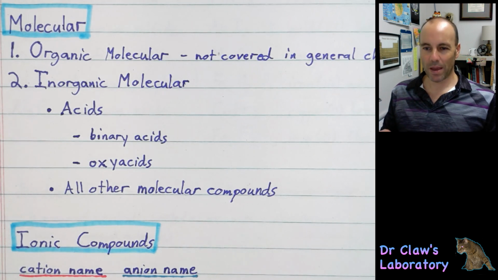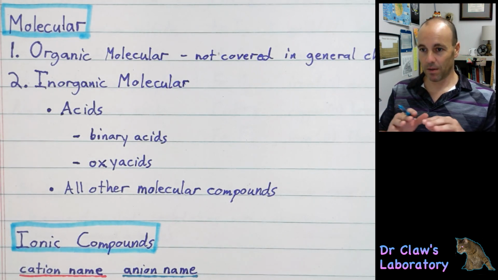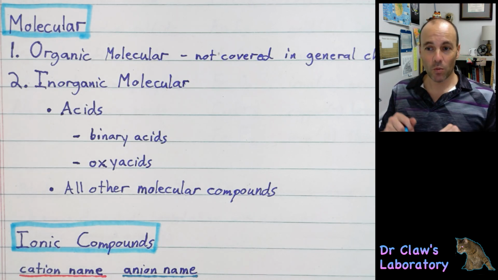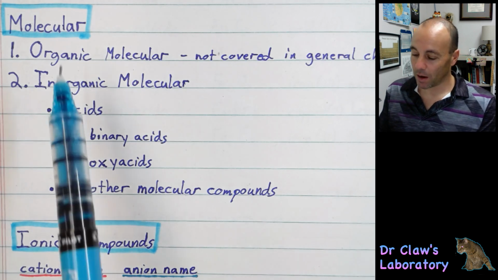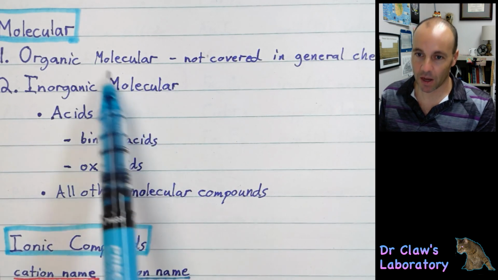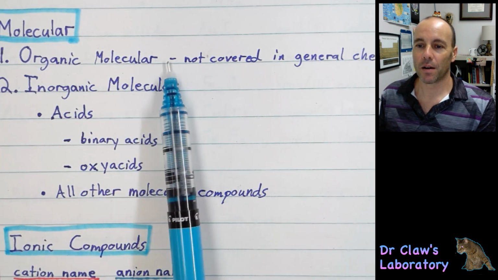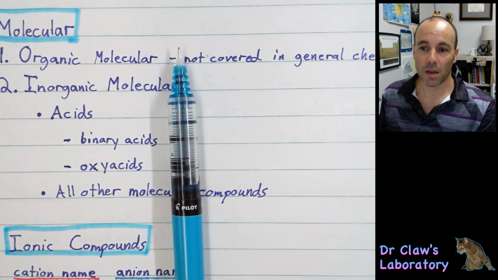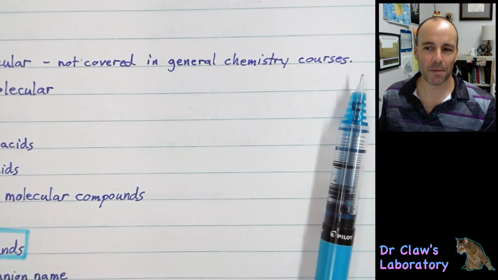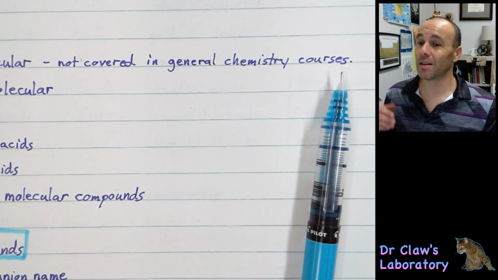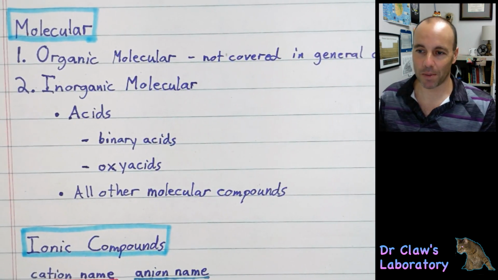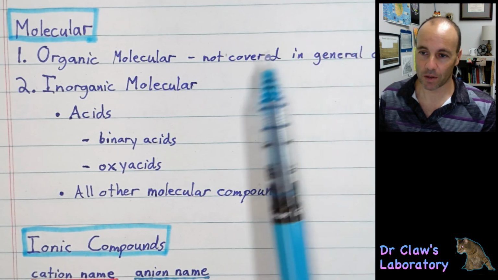Okay, remember there's multiple ways of categorizing matter. So suppose we're just talking about molecular compounds. One way to categorize molecular compounds are organic molecular compounds and inorganic molecular compounds. Organic molecular compounds are carbon-based compounds, and we don't really cover those much in general chemistry courses. We'll talk about them from time to time in this course, but we're not going to talk about how to name all of the organic molecular compounds out there. That's covered in OChem, or organic chemistry. Okay, so we're not going to name them.